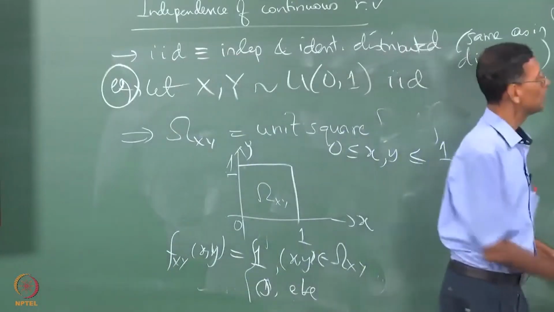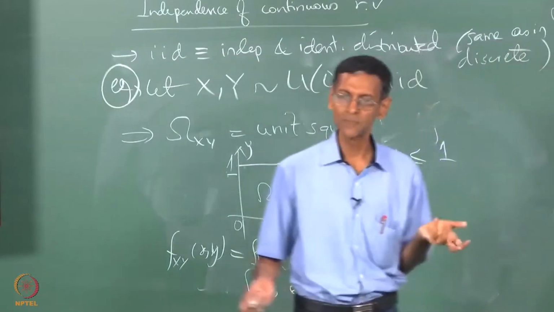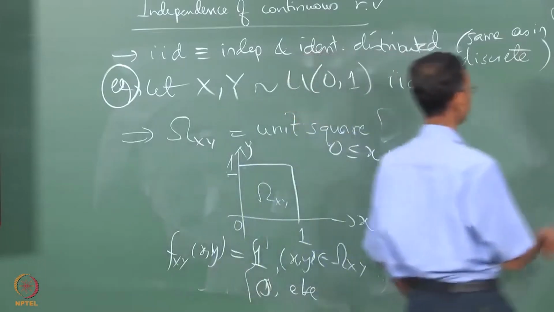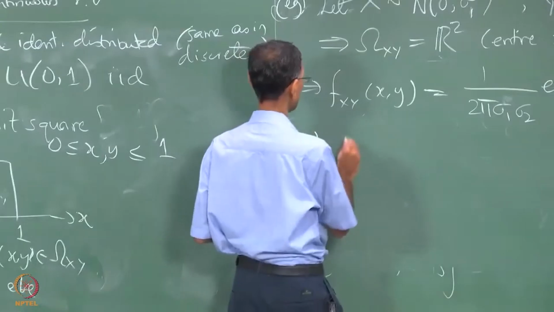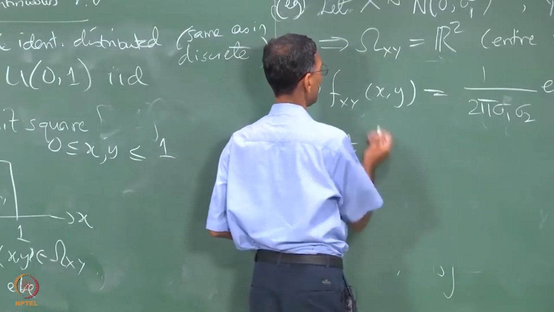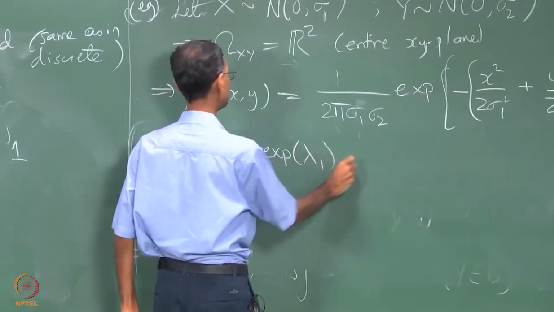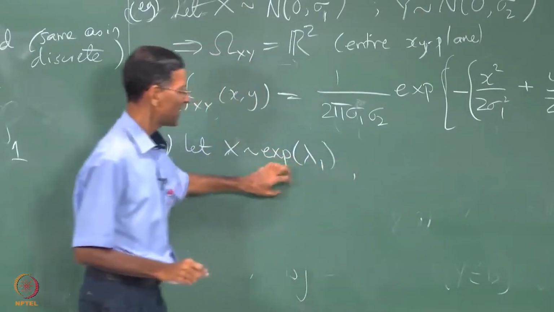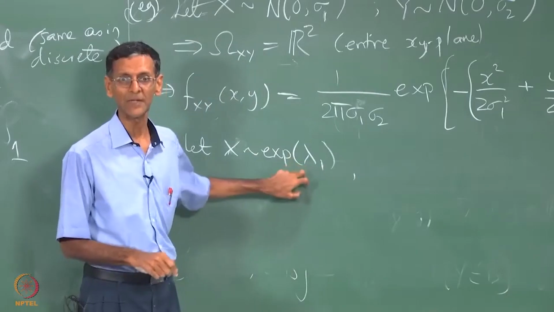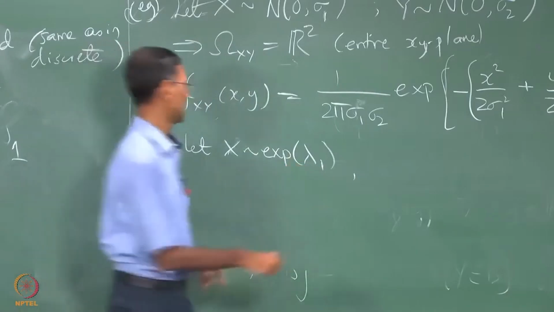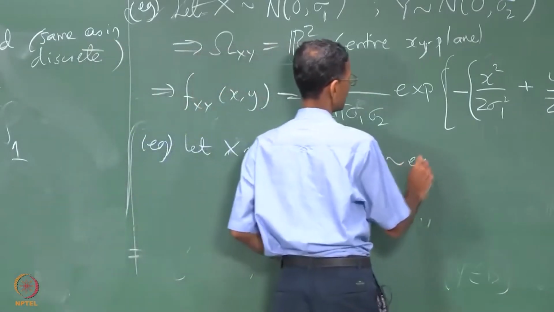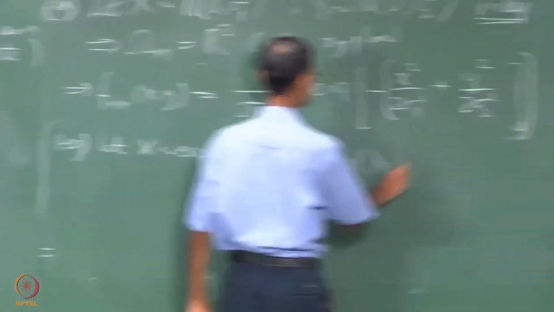If I want to combine two exponentials, which is another very practically significant one, last example we will do. Supposing I say let x be exponential of lambda 1. This means an exponential distribution with parameter lambda 1, and y is exponential with parameter lambda 2.